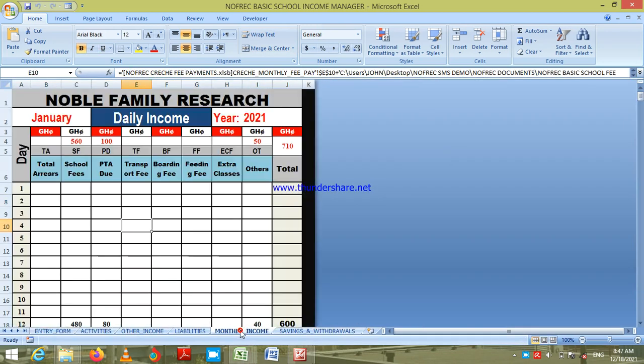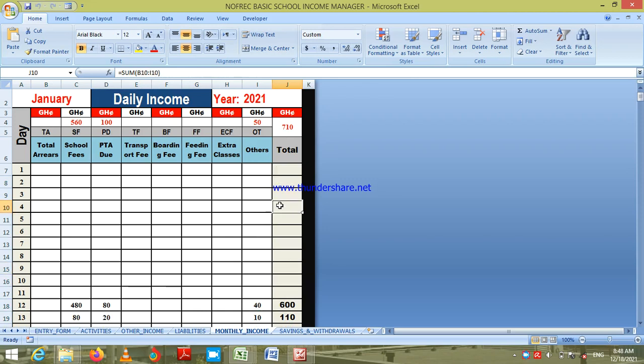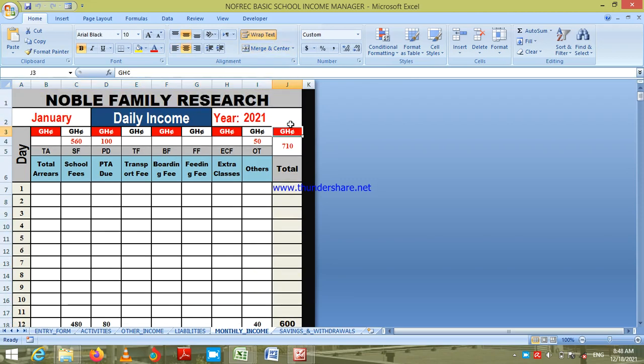So we had the monthly income worksheet, and that 710 cedis has popped up here. All the payments that will be made by the classes as fee payments will be accumulated per day for all the classes.